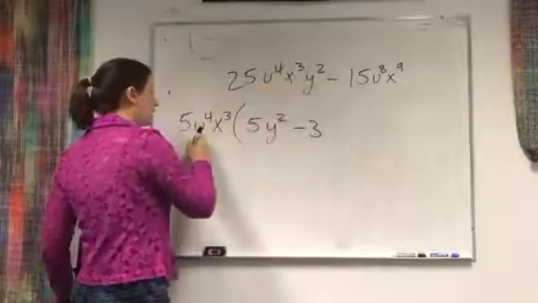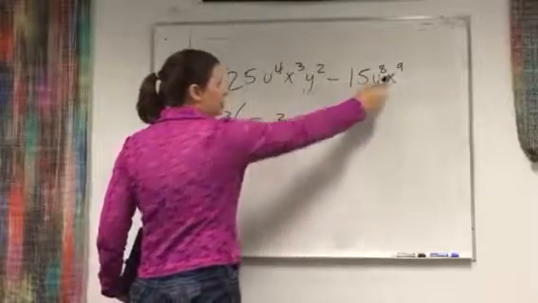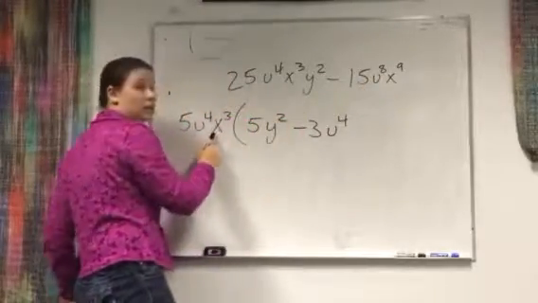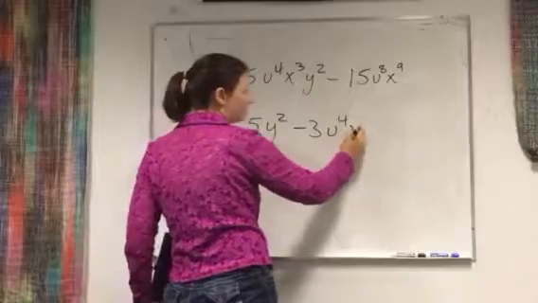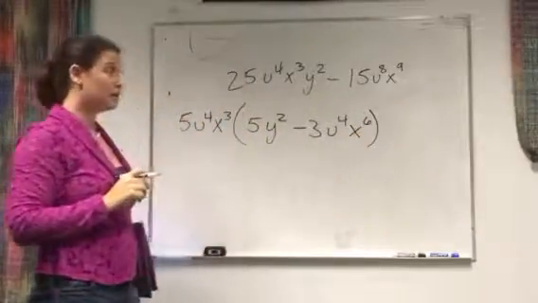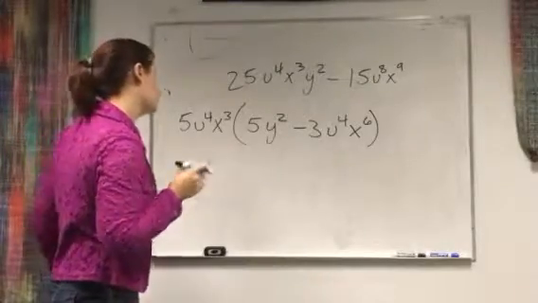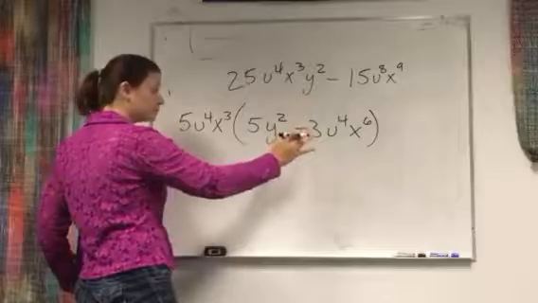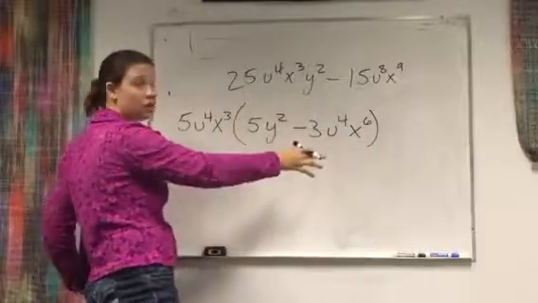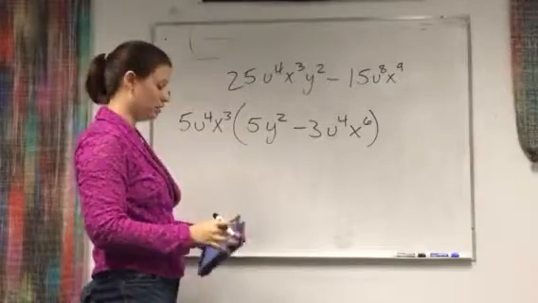U to the eighth, take away u to the fourth, that's u to the fourth left. X to the ninth, take away 3 x's, that's x to the sixth. Remember, division of variables is like subtraction, with the exponents at least. So again, we could multiply this back through, distributed to both terms, and we would get back to our original question.